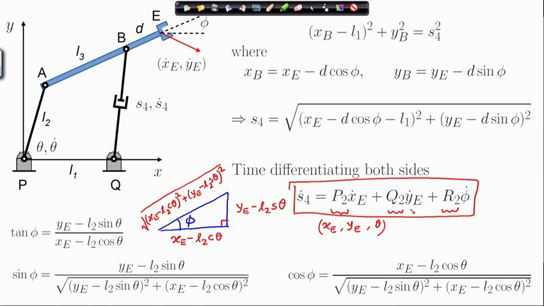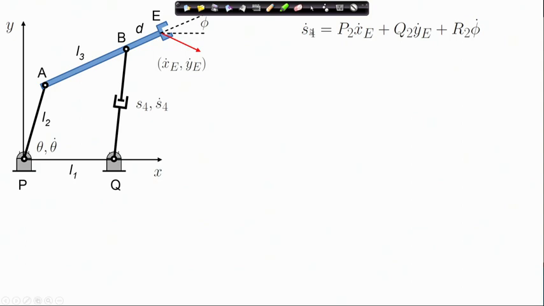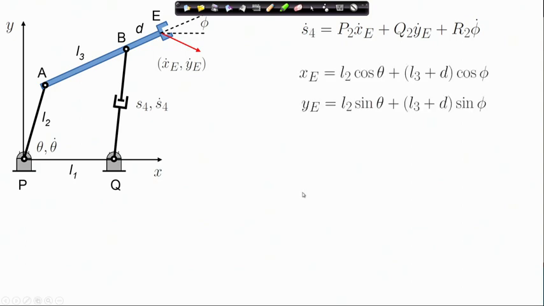Now, how to determine phi dot? So, here I have rewritten that expression and I have also rewritten the displacement relation and this expression of tan phi.